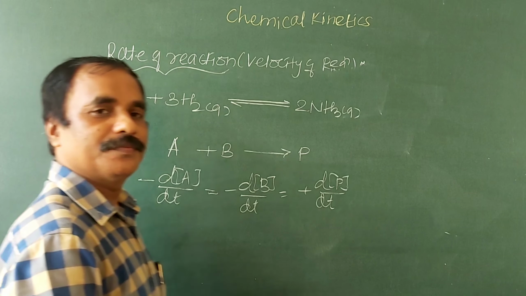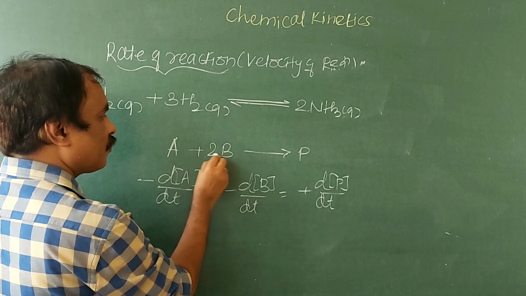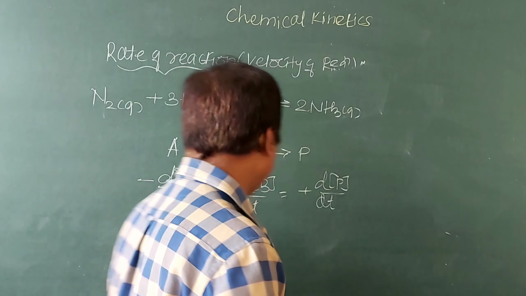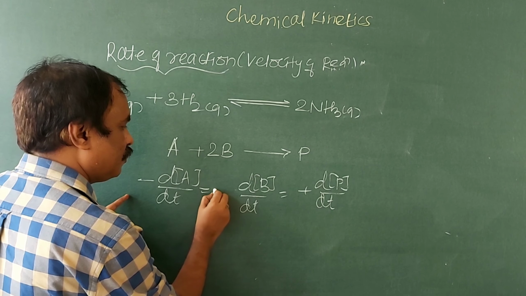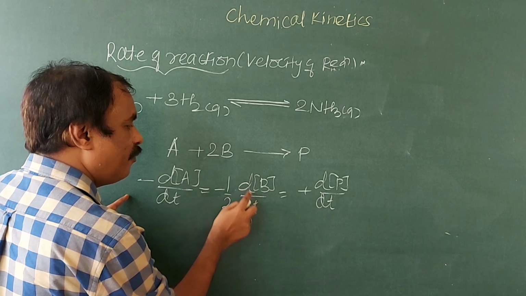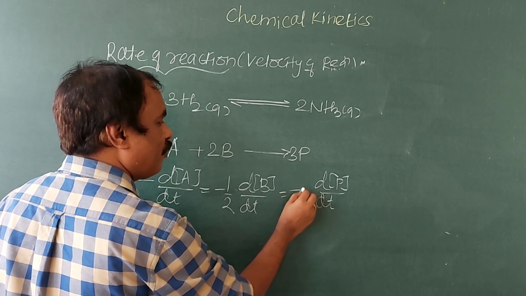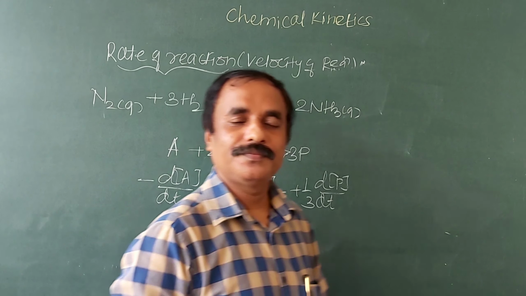We can write like this. Suppose here A plus 2B. Here consumption of 1 mole of A and 2 moles of B, then minus dA by dt is equal to minus 1 by 2 dB by dt is equal to, suppose here 3, and 1 by 3 plus 1 by 3 dB by dt. But how?